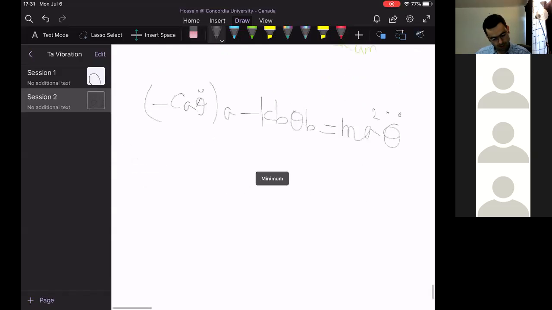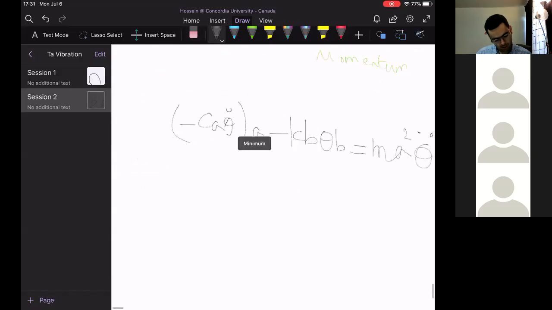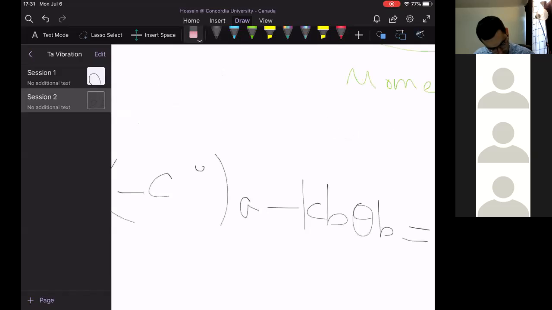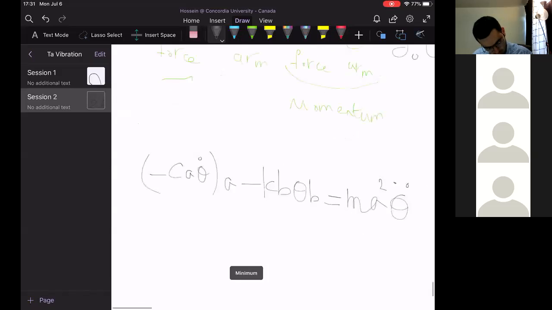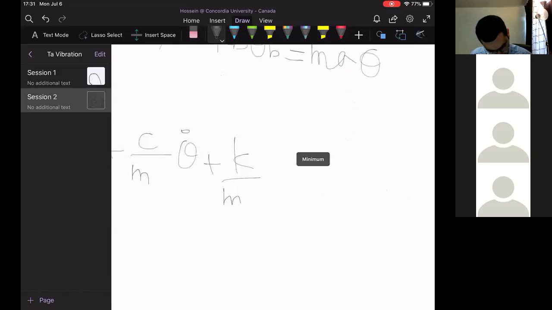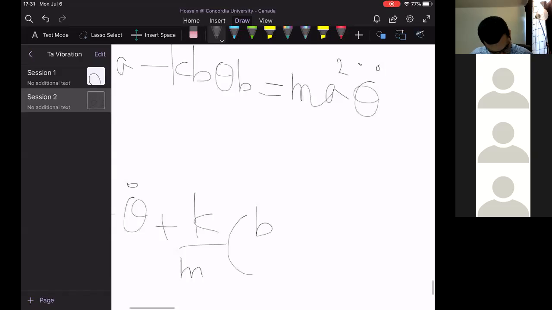By further simplification and manipulation of this equation of motion, you will reach this equation: theta double dot plus c over m theta dot plus k over m b over a squared theta equals 0.